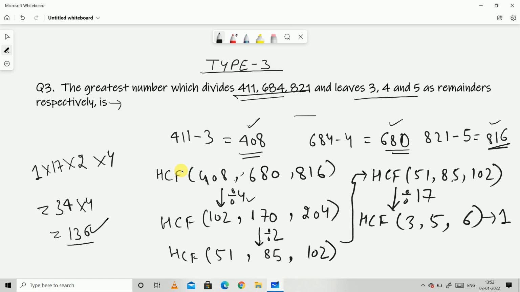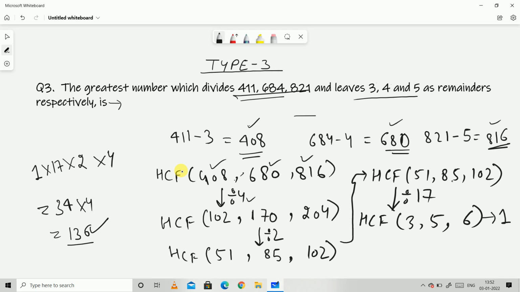So 136 is my answer. 136 is the HCF of these 3 numbers, and that is the greatest number which will divide these 3, leaving a remainder of 3, 4 and 5 in each case respectively.